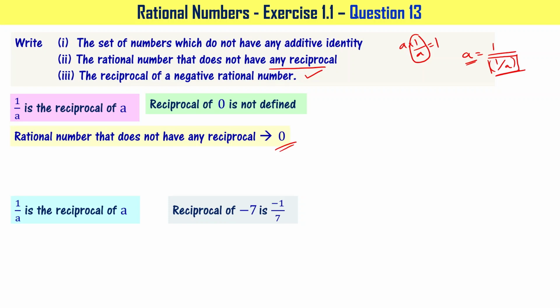Reciprocal of minus 8 is minus 1 by 8. What you must have understood now is reciprocal of a negative number is also a negative number, right? So you got it? The reciprocal of a negative rational number is a negative rational number.